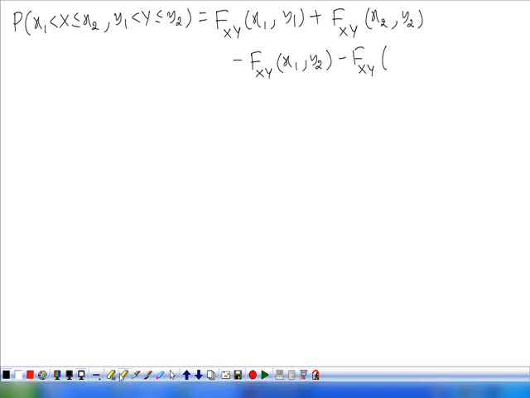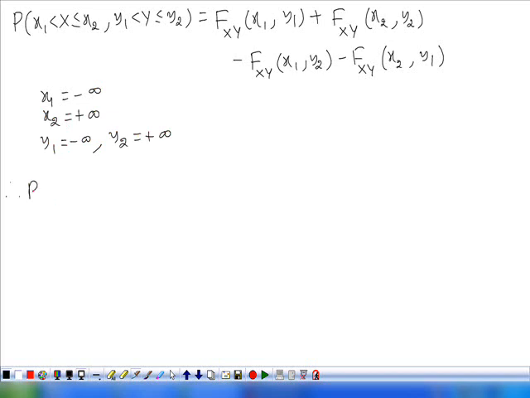Is that right? Now let x1 be equivalent to minus infinity, x2 equivalent to plus infinity, y1 equivalent to minus infinity, and y2 equivalent to plus infinity.